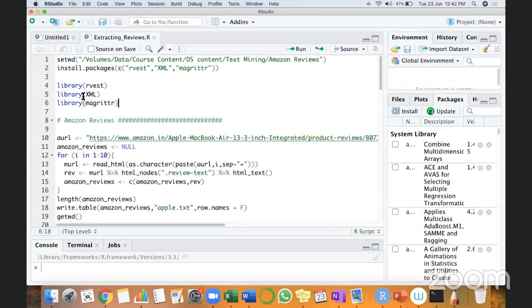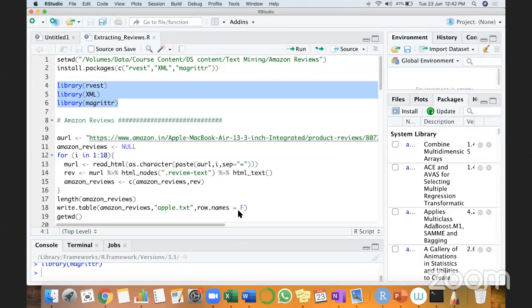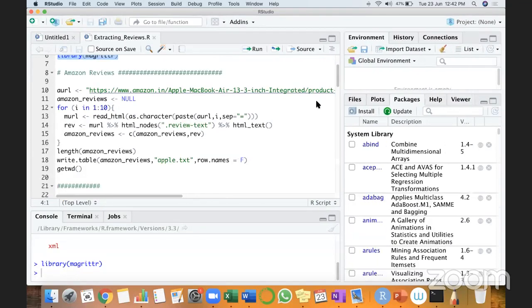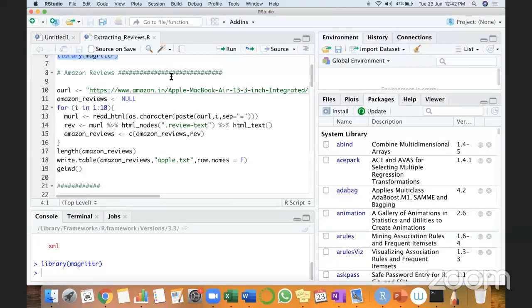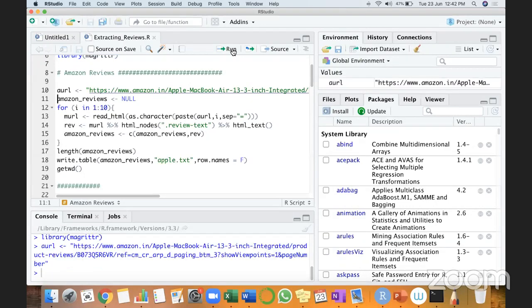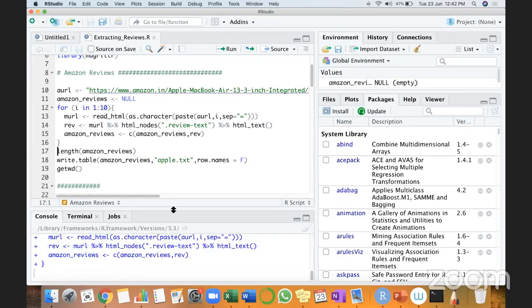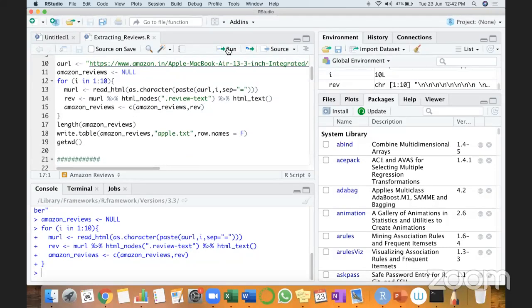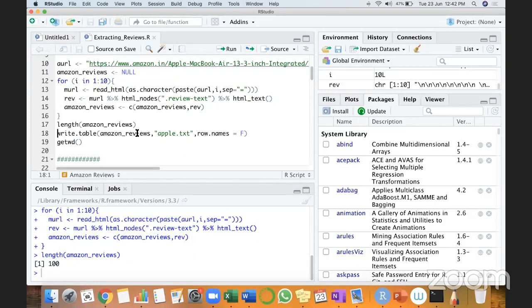Let me demonstrate this to you. So the length of this is 100.